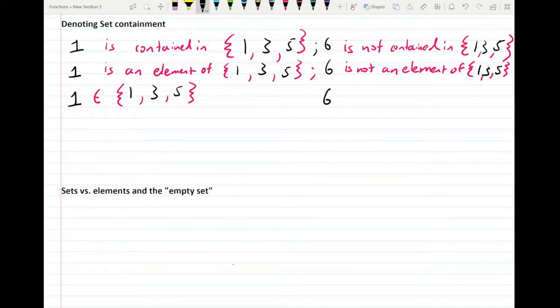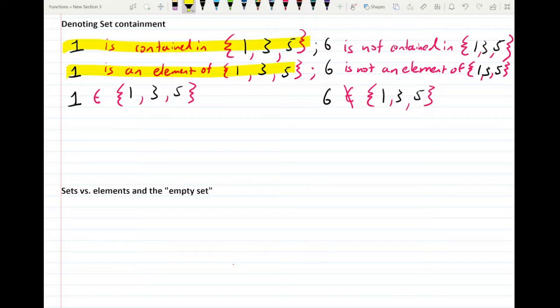Similarly, we'd write 6 with this symbol with a little slash through it to mean it's not contained in the set. And once again, that cuts down on a lot of writing. So all 3 of these lines, one's contained in the set, one's an element of the set, and one, this little symbol, all of these 3 mean the same thing.